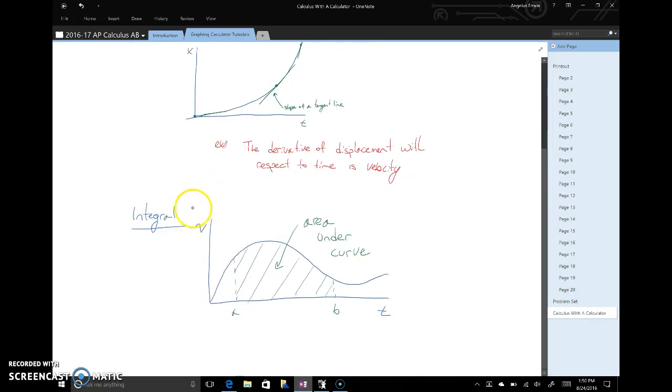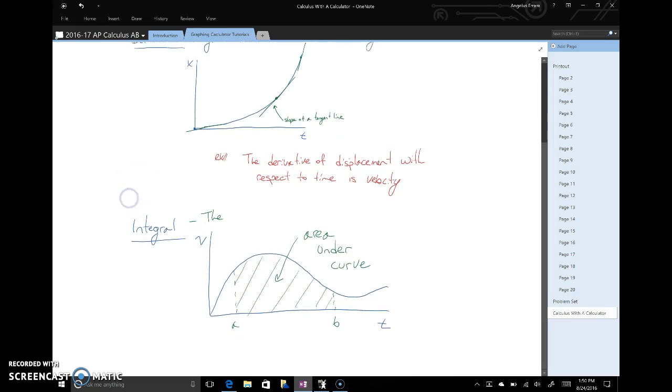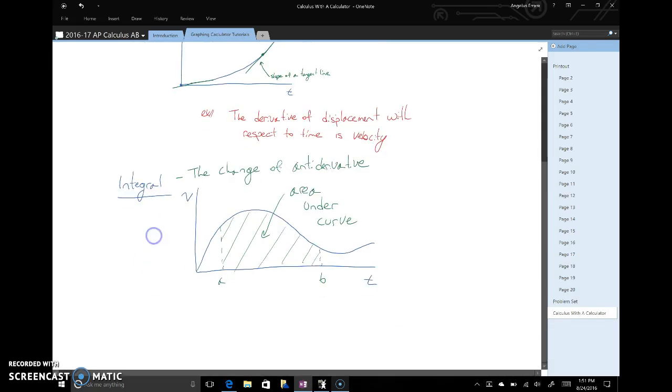The integral represents the change of the antiderivative. So in this case, the area here.